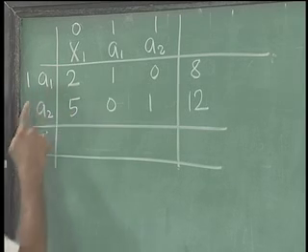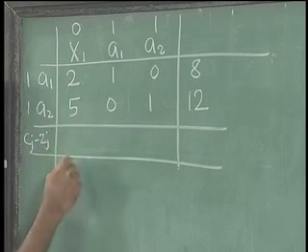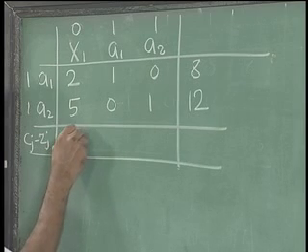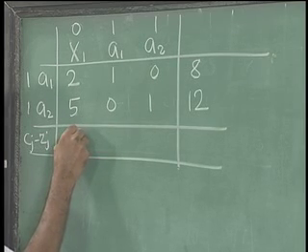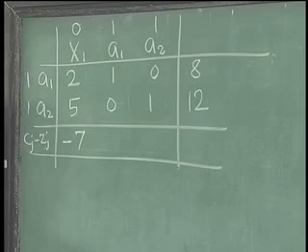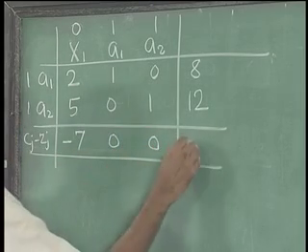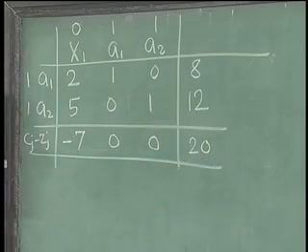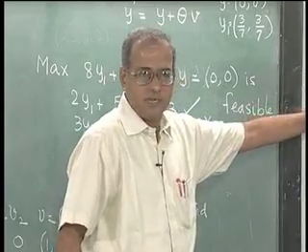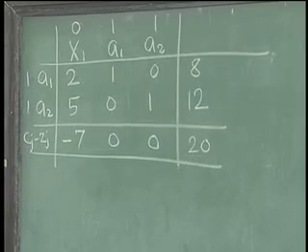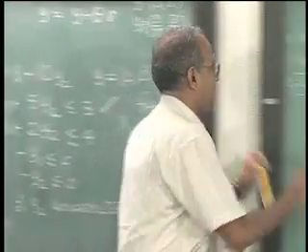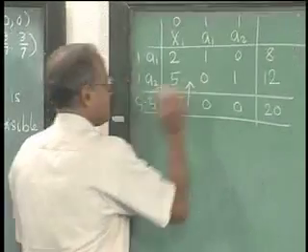So 1 into 2 plus 1 into 5 is 7. So 0 minus 7 is minus 7. You get 0 here, you get 0 here. So you get 20 here. So it is a minimization problem with a negative Cj minus Zj, the variable will enter the basis. So variable x1 will enter the basis.